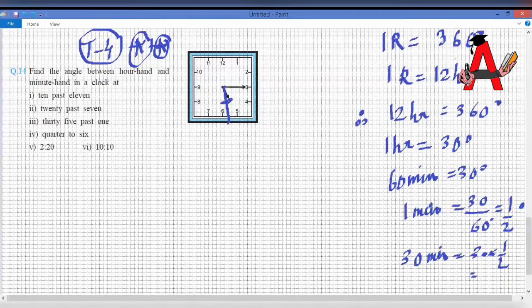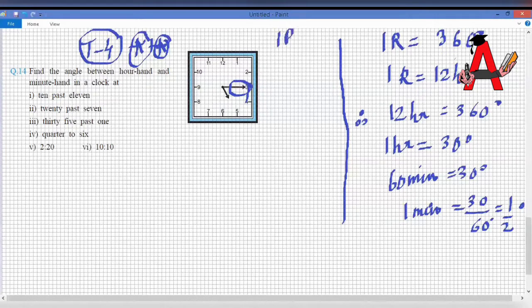If not clear, we will take another example and you will understand. Let's try and understand. So remember this, that 1 hour is equal to 30 degrees for an hour clock, and for an hour clock 1 minute is equal to half a degree. These two you should remember. Now let's come to the other clock, which is your minute clock. This one, minute hand.